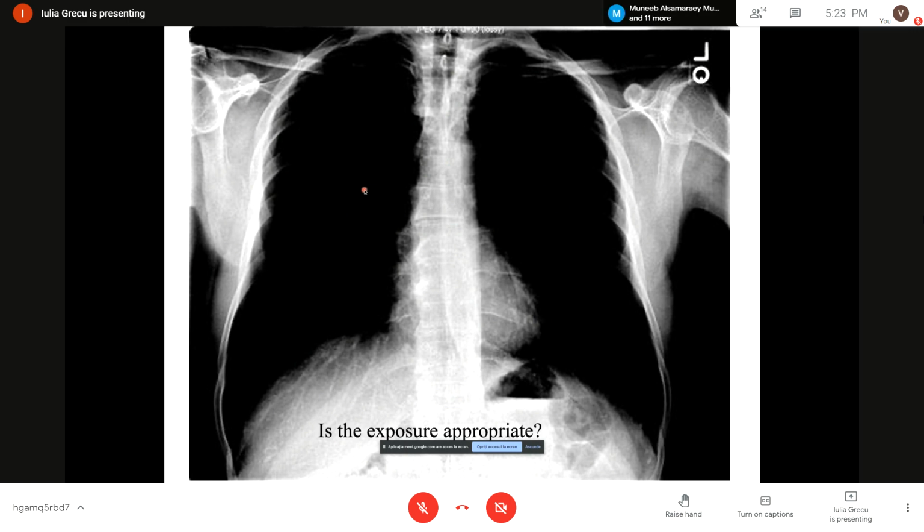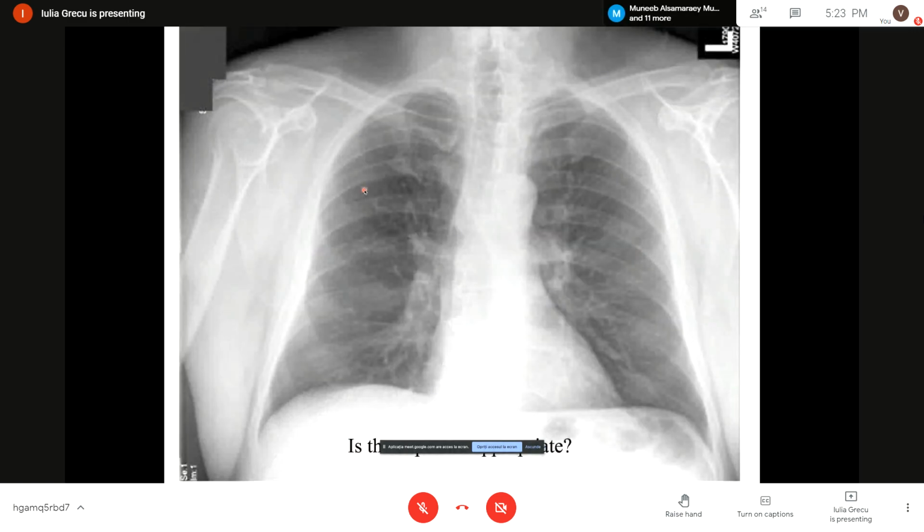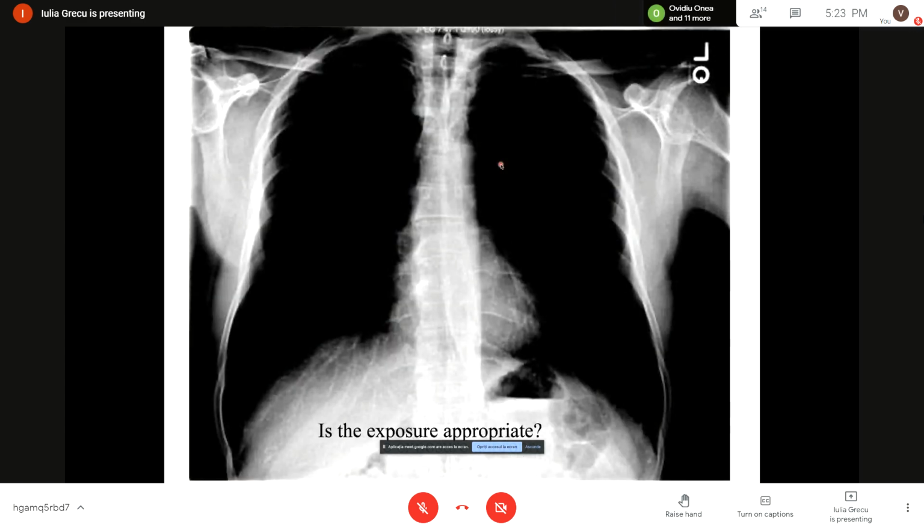So this is a normal chest X-ray in which we see only the first 3 vertebral bodies of the thoracic vertebral column, and this is an overexposed chest X-ray. It is more black. We cannot see lungs and normal parenchyma. We see all the vertebral bodies.